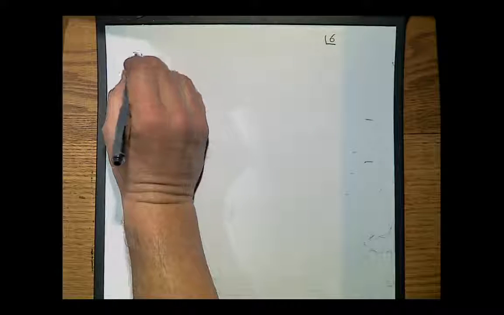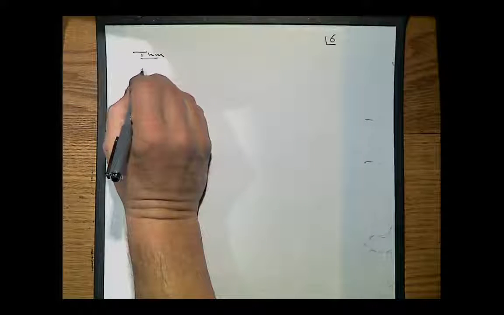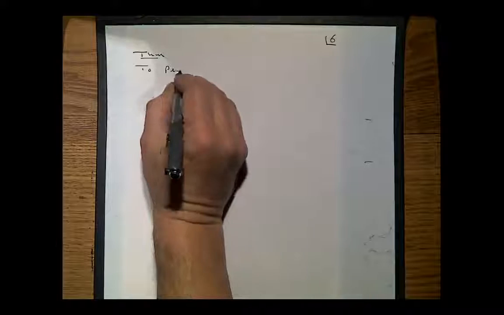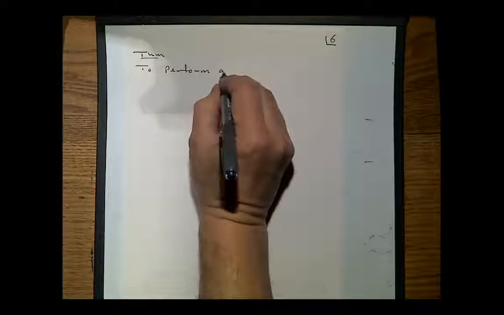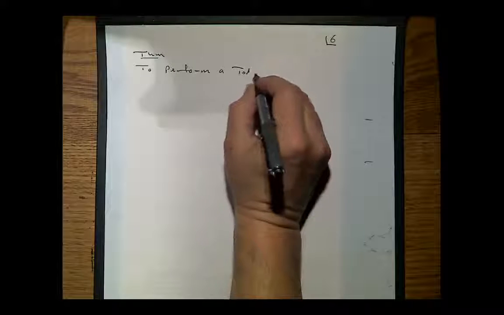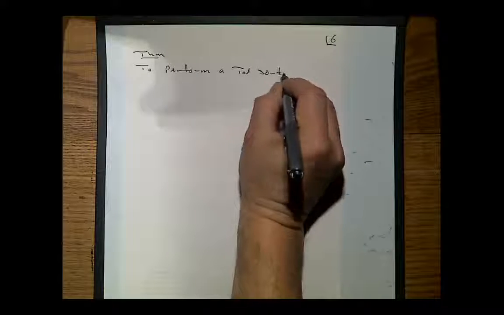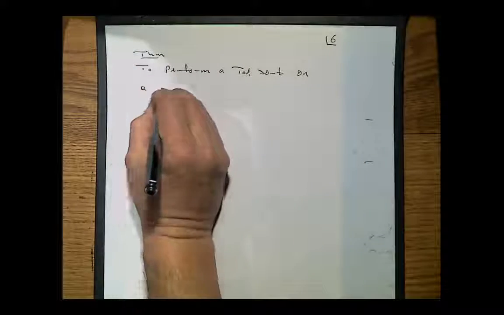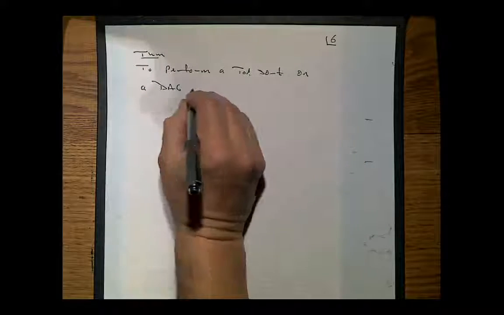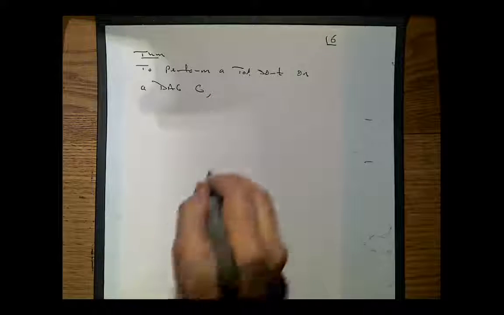Okay. So here's a theorem. I won't prove it. It's stated and proved in the book. To perform a topological sort, I'll just say top sort, on a DAG G, run DFS.